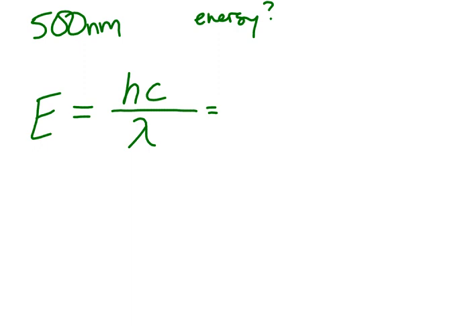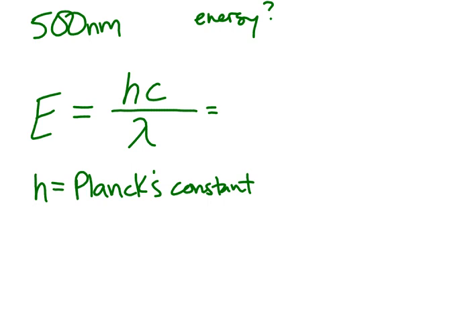So, h is a constant. It is Planck's constant. Are you going to need to know the name Planck's constant? No. But the value, you don't need to know either, because I'm going to give it to you because it's a constant. Okay? That is 6.626 e to the negative 34.